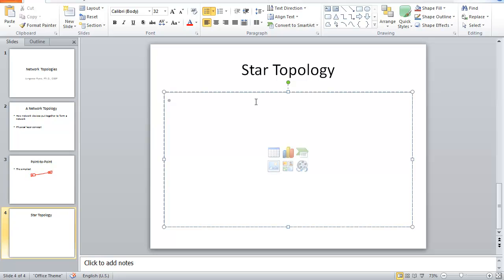So network devices connected to a switch, that's called a star topology.